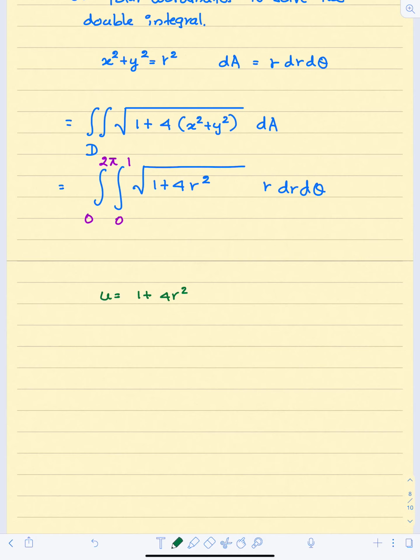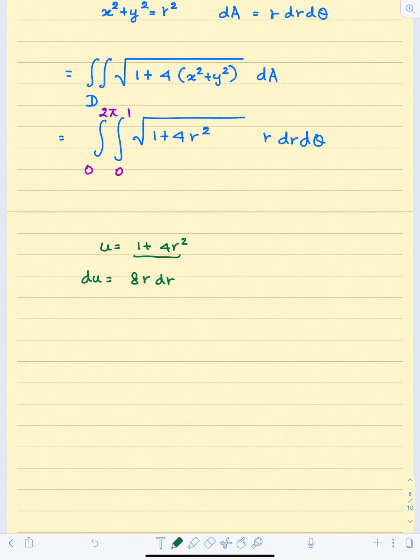So what is du? du should be the derivative of this part, which is 8r dr. Now our integral becomes the integral from 0 to 2 pi, then we have the inner integral. Instead of 1 plus 4r squared, I can write u. So basically we have the square root of u.